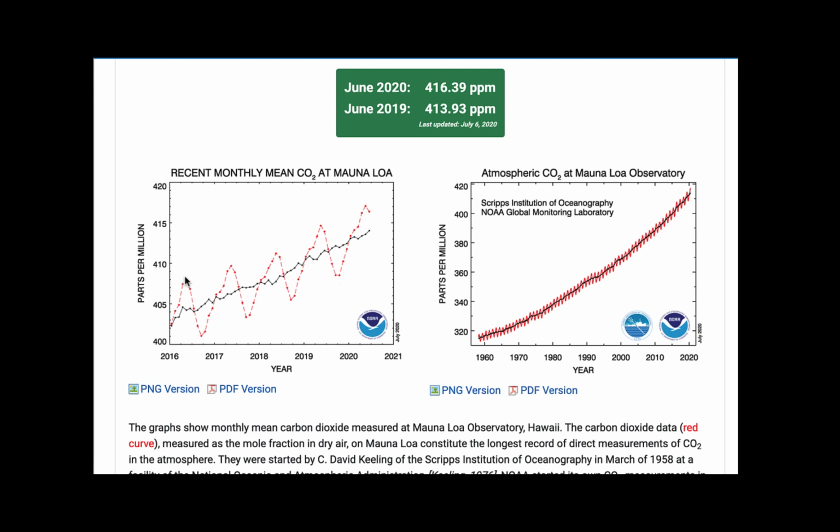So you're seeing this seasonal trend in the carbon dioxide level, which is such an impressive level of precision of measurement that I am super impressed by it. Anyhow, the black line is our overall trend, and you can see that we have trended upwards very consistently since these data have been measured.